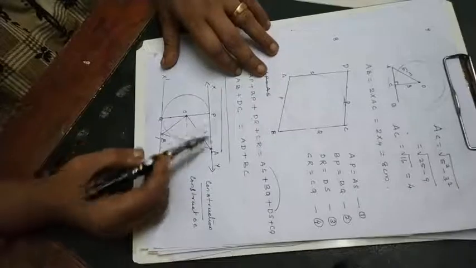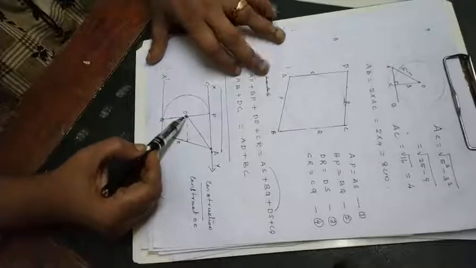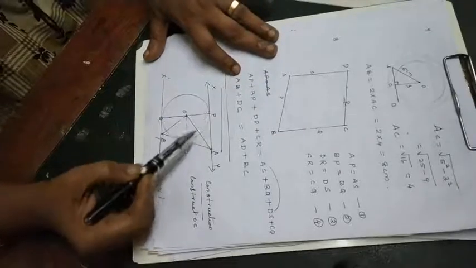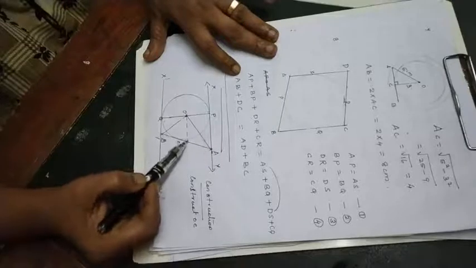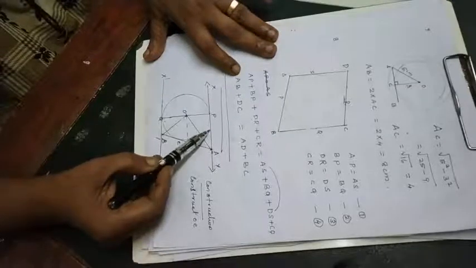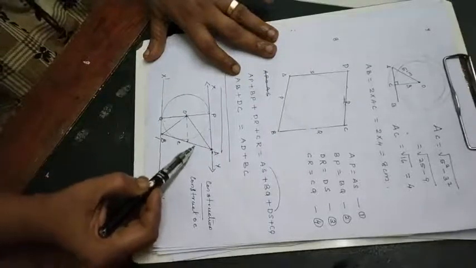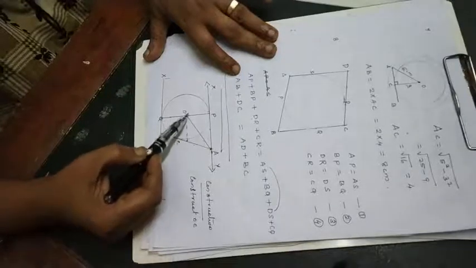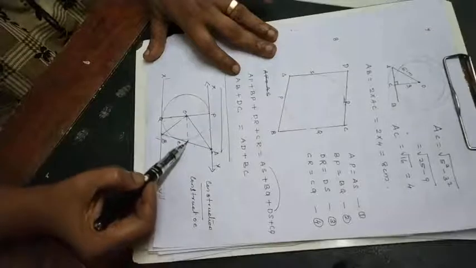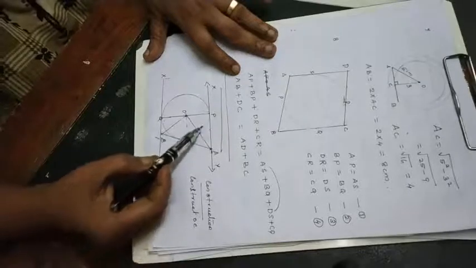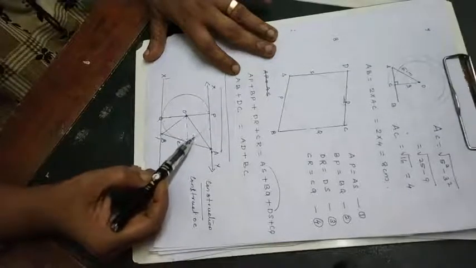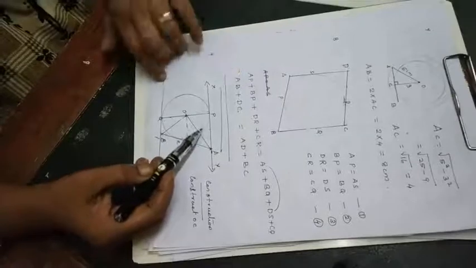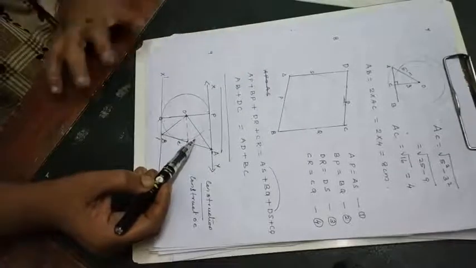When we are taking the triangles OAP and OAC, AP will be equal to AC, OA is equal to OA itself, OP is equal to OC. Okay, so these two triangles will be congruent by SSS congruence.